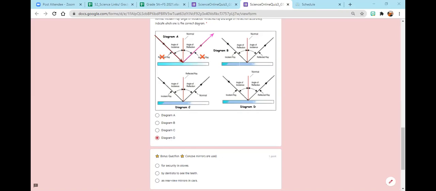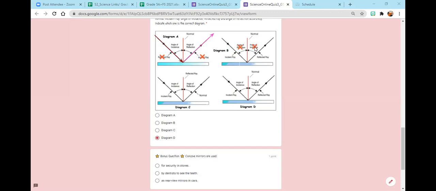What's the problem with diagram B? Miss, the angle of reflection and the angle of incidence. Good job. So they switched the angles. This is the angle of incidence, and this one is the angle of reflection, and not the opposite.